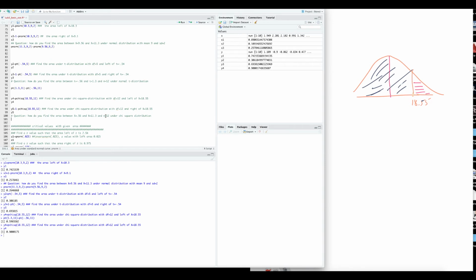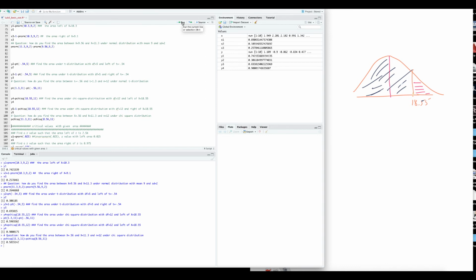We do p chi-square 11.3, and the degrees of freedom is 11 because n is 12, minus p chi-square 0.56. Chi-square doesn't have negative values, and again 11 degrees of freedom. So what is the area between those two?